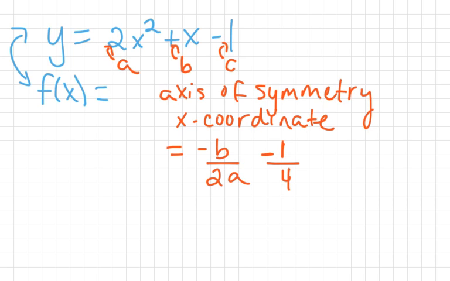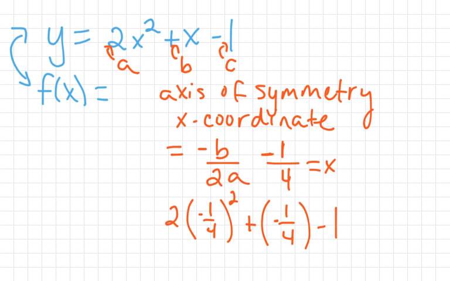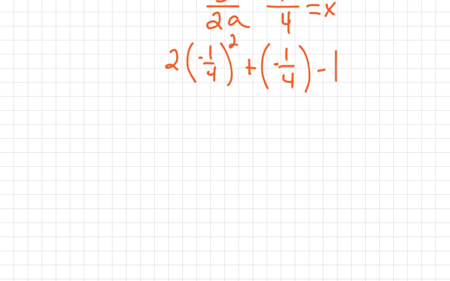I want to find my y value, so I'm going to take my negative 1/4 and plug it into my equation. That will give me my y. I have 2 times negative 1/4 squared, plus negative 1/4, minus 1. Order of operations tells me I need to apply my exponents first before I distribute this 2.